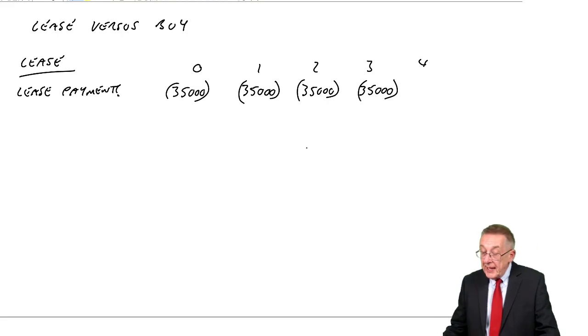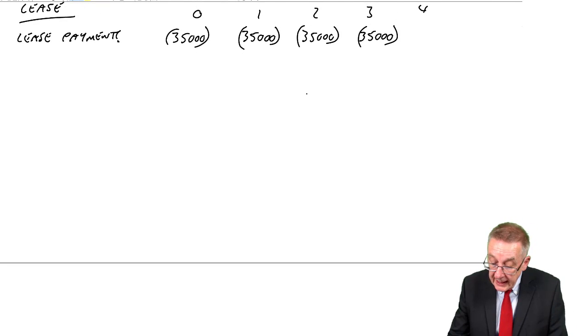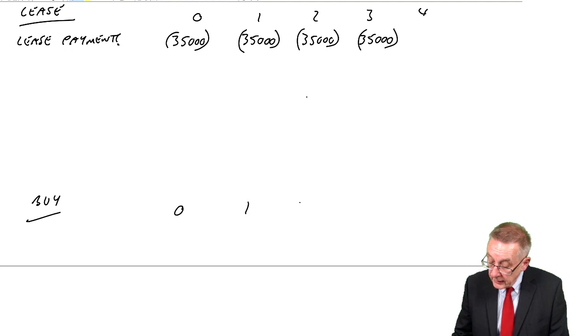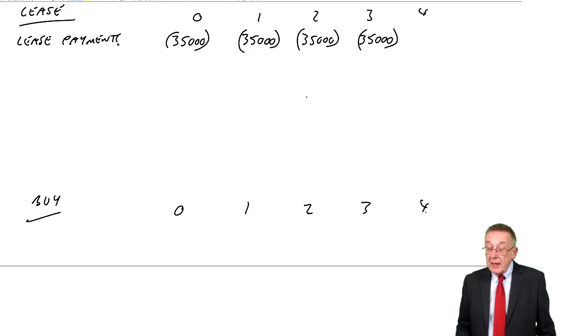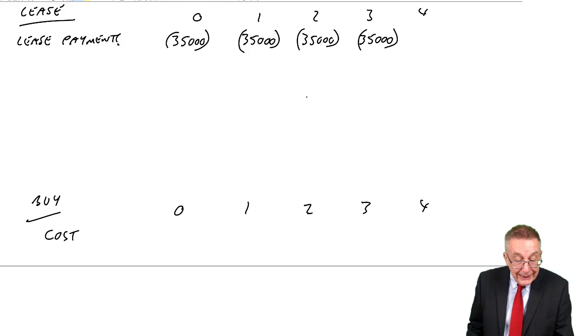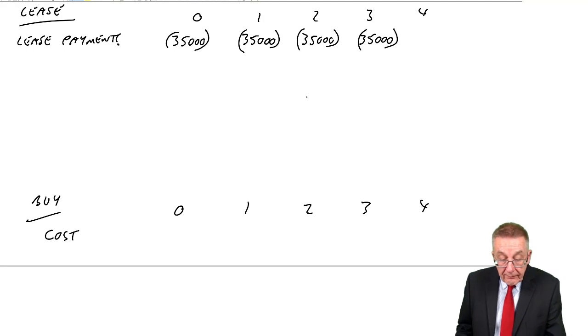I'll leave a big space, but let's work out what the cash flows will be if we buy it. 0, 1, 2, 3, 4. Well, of course, if we buy it, we pay out the initial cost now. How much is it? 100,000.